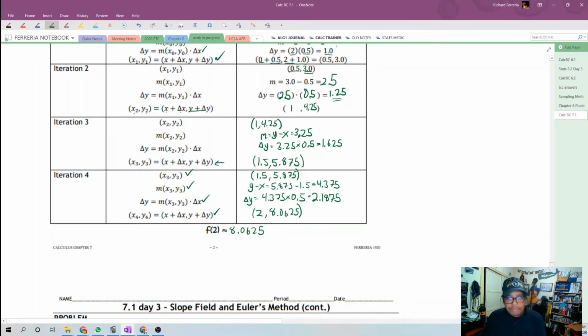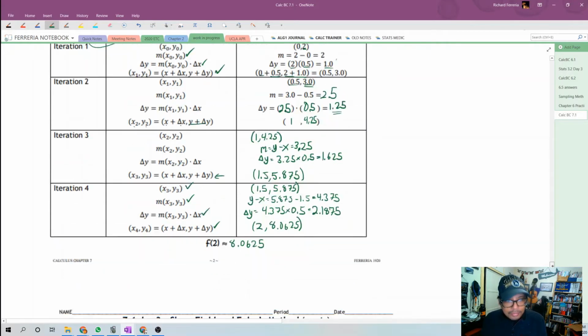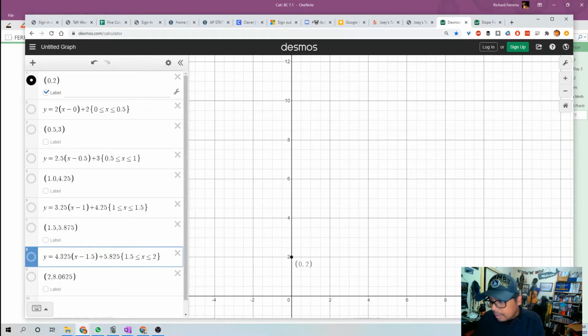Okay. So like I said earlier, that's an iterative process. We do the same thing over and over again, producing newer and newer sets of data. Maybe this is a good time for us to take a look at how that looks graphically. So here we are, starting off with our point 0, 2 over here.